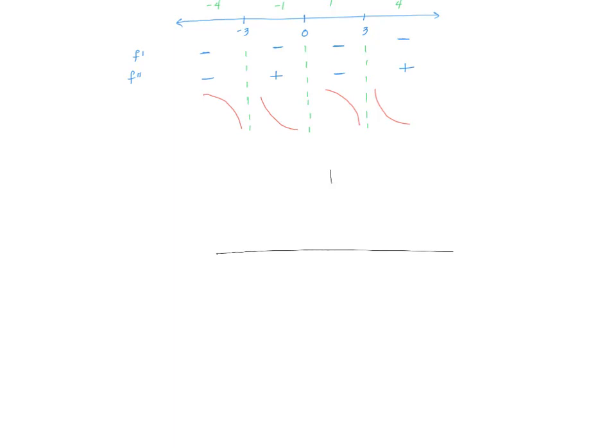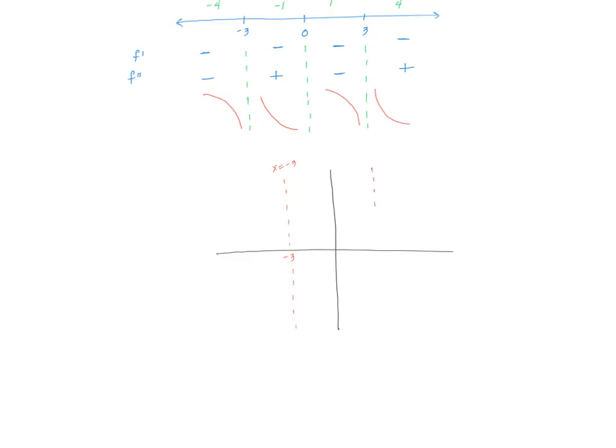I know I have vertical asymptotes at -3 and 3, so I'm going to go ahead and just sketch those in. And I'll go ahead and label these as well. x is equal to -3.